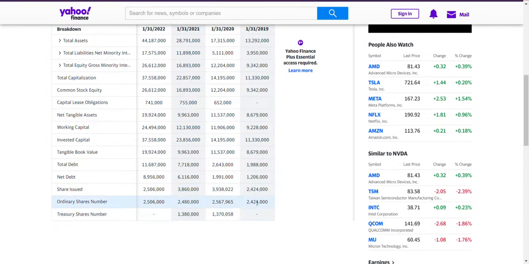Ordinary shares number, it looks like they bought some, then sold some, so they kind of just buy and sell. Treasury shares number is a bit of an odd one. Some of these are less relevant than others.